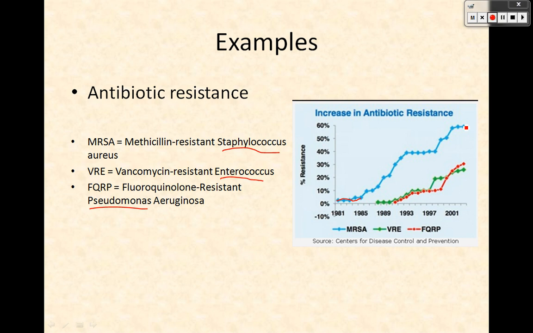It creates more and more environments where being immune is a good thing if you're a bacteria. If you're a human, you want to be able to take methicillin or vancomycin and kill off the bacteria. You don't want it to be resistant.